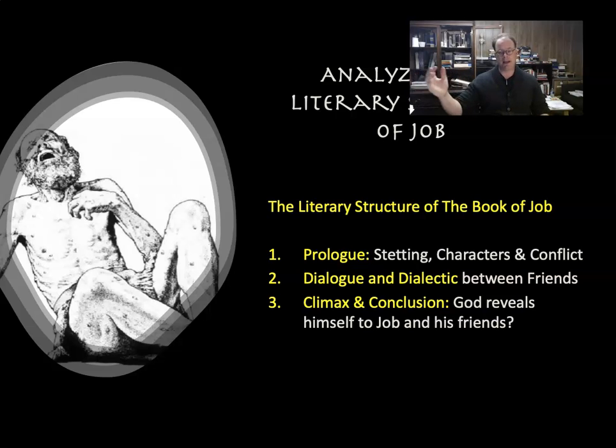Job speaks, and then another character responds. Job speaks, and then the third friend responds, and it goes in a kind of order. It's almost like they're in a political context, following protocols of speech. They're following a certain ritual, and you'll see that it's highly structured in those chapters that deal with this conversation.